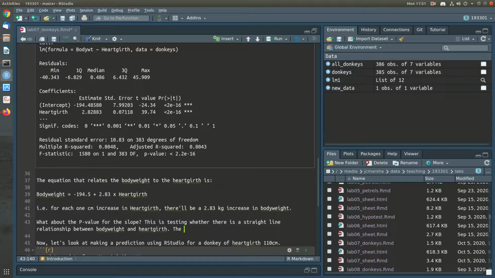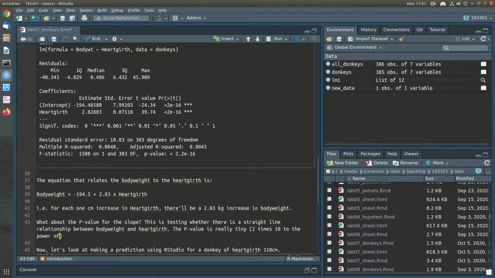Okay, so the p-value is really tiny, 2 times 10 to the power of minus 15. So 0.1, 2, 3, 4, 5, 6, 7, 8, 9, 10, 11, 12, 13, 14, 15. So less than that tiny number. 16, isn't it, actually?